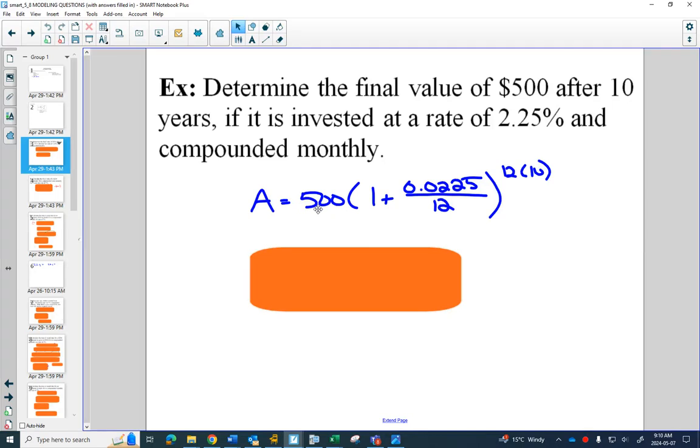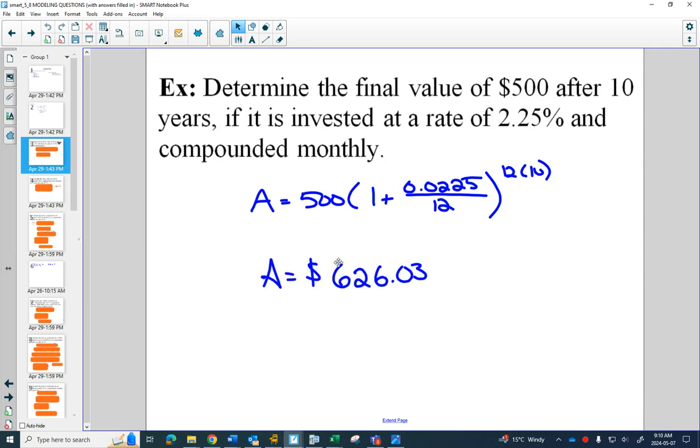Compounded monthly, then the n would be 12 times per year. And this is a simple one. You could just type into your calculator. You should check these later with your calculator, or check them if you have time. Can you type it into your calculator correctly? Calculators are wonderful things if you can type them in correctly.